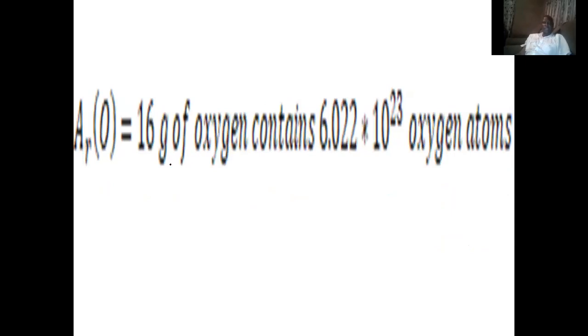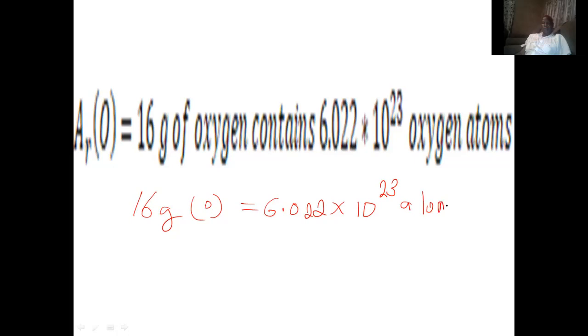Similarly, if you have 16 grams of oxygen, 16 grams of oxygen would be equal to the same number, which is 6.022 multiplied by 10 to the power 23 atoms of oxygen.